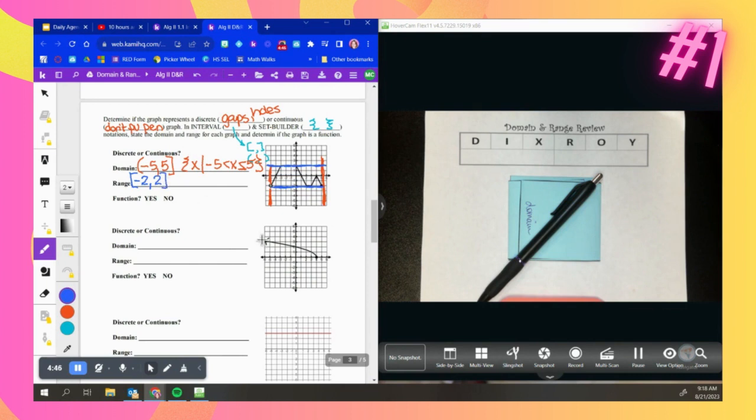All right, so put that in set builder notation. This time we're talking about range, so what variable am I using? This time we should have a Y. Okay, so -2 and Y and 2. Close it with a squiggly bracket. Again, this time we're going from bottom to top, so all of this here in the middle represents the Y values.